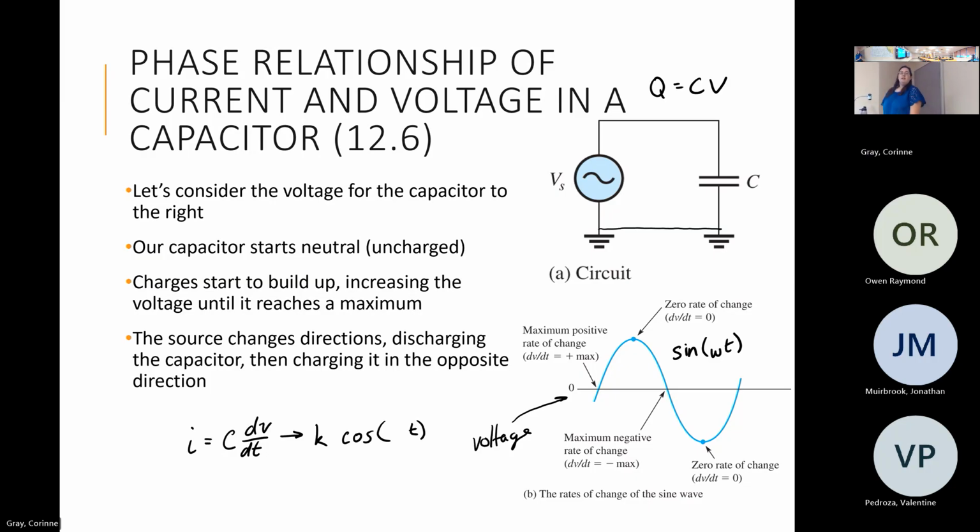If we do a phase constant, we can make them equal, but if I put the phase constant in one, it's also in the other. So what's going to happen is the current and the voltage are out of phase with each other. And this is where we can use the phasor to help us understand how out of phase they are with each other.